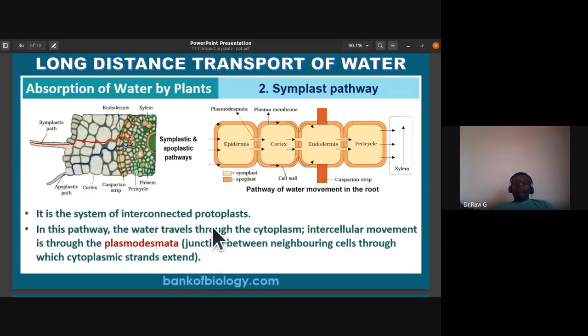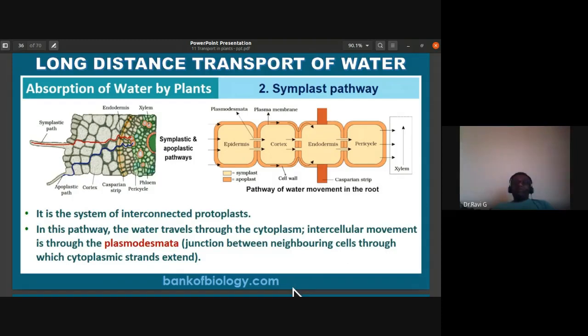Through this plasmodesmata, the water travels through the cytoplasm from one cell to the next. The junction between neighboring cells through which cytoplasmic strands extend, we call it plasmodesmata.